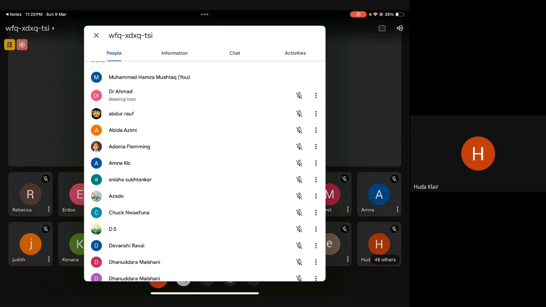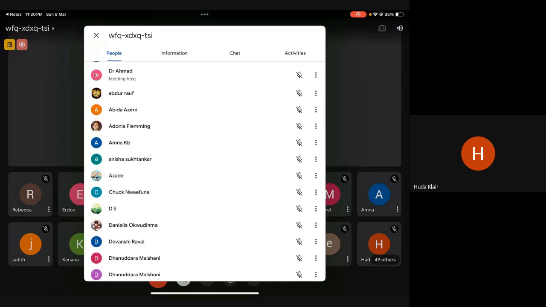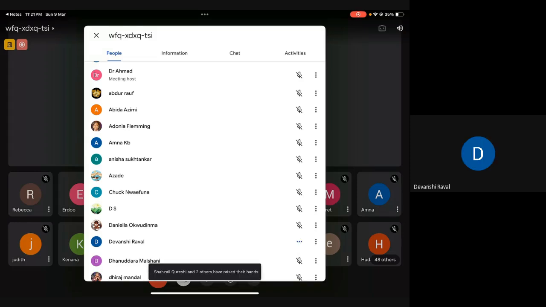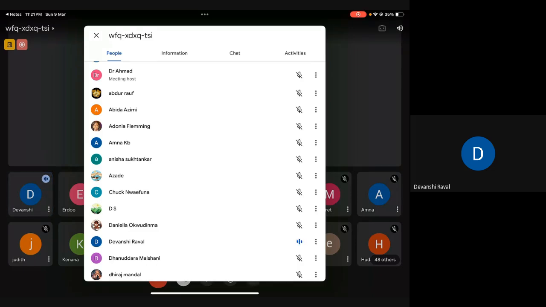Okay, so osteochondroma. Dr. Devanshi, can you just please tell us something about osteochondroma? Osteo is bone tumor, chondro is cartilage, and oma is benign tumor. From the name we could identify that much.